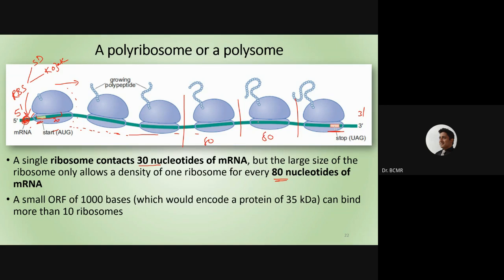The actual contacts the ribosome is making are only 30 nucleotides. So an ORF of 1,000 bases could accommodate about 10 ribosomes. So what is a polyribosome? One mRNA loaded with multiple ribosomes is called a polysome or a polyribosome.